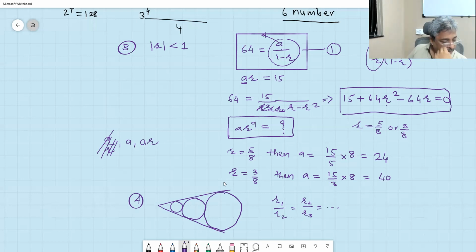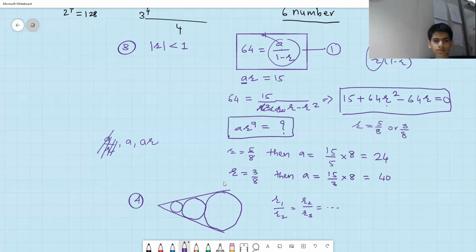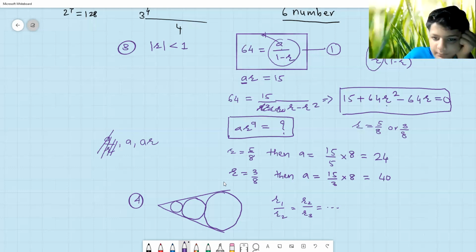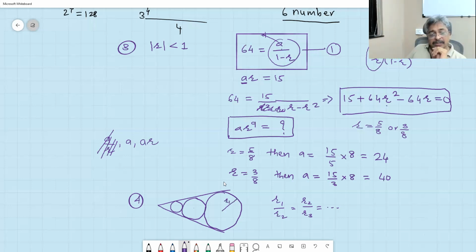That will happen, and now R2 is smaller than R1. So this is R1, this is R2. So the geometric progression is R100 is also given. Na? So, okay, how do we really solve it?